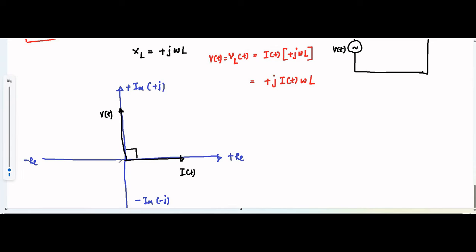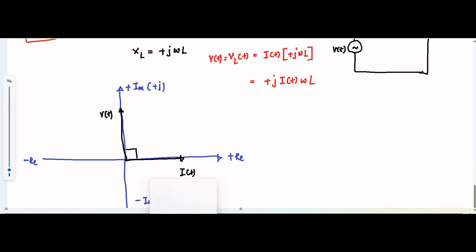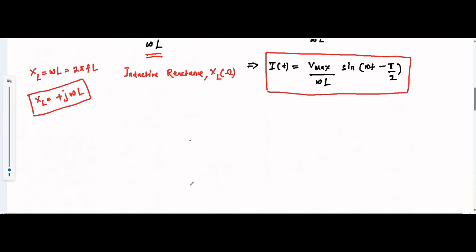Okay, now there is another thing, which is the power absorbed in the circuit by the inductor.